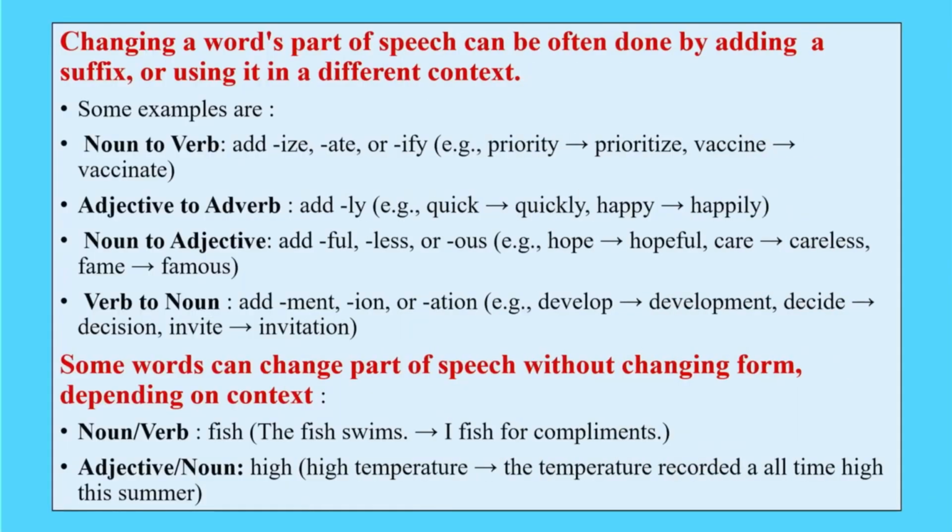So now we come to how a word's part of speech can be often changed by adding a suffix. A suffix is a part of a word, it doesn't mean anything by itself. By adding it, we change that word and also change the parts of speech of a word.